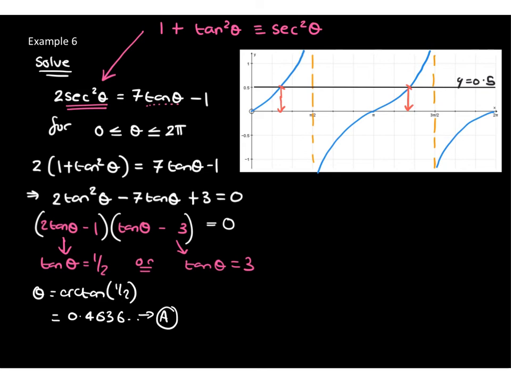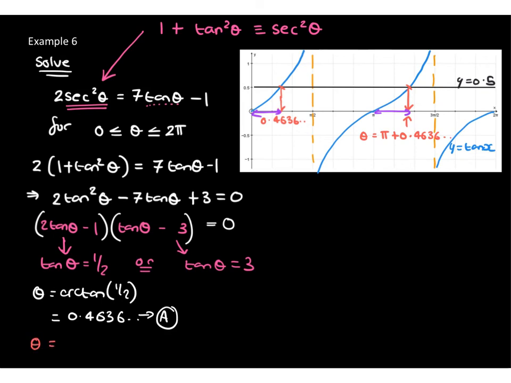So you can see I've got the sketch of the tan graph in blue with the asymptotes as well, and the graph of y equals 0.5. So here's my intersection, 0.4636 here, my first value of theta, and I can use the fact that this purple distance here is the same as this purple distance here to work out my second value here, which is theta, which is pi plus 0.463.